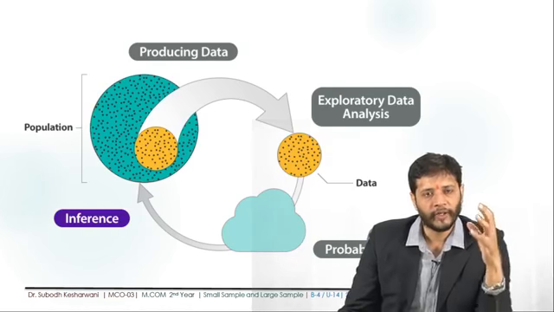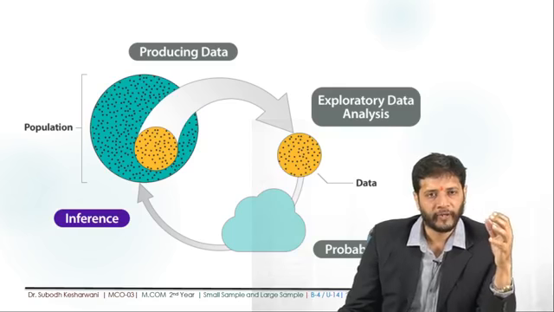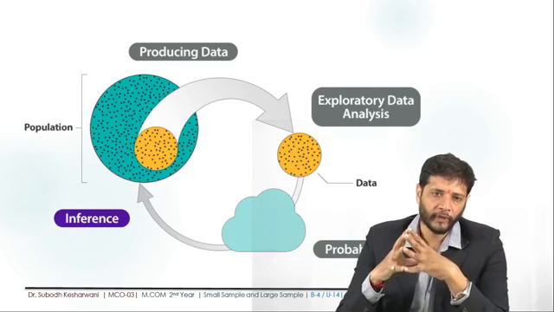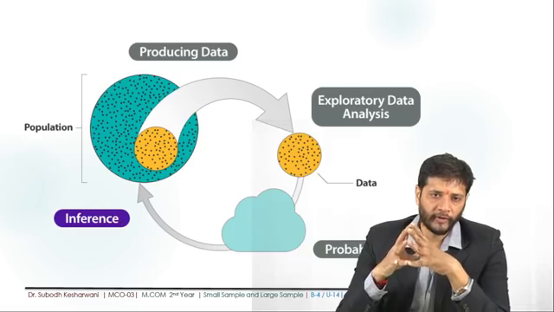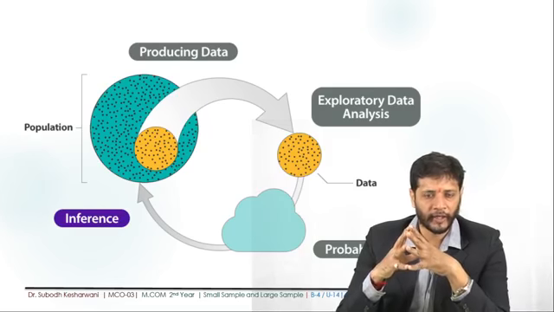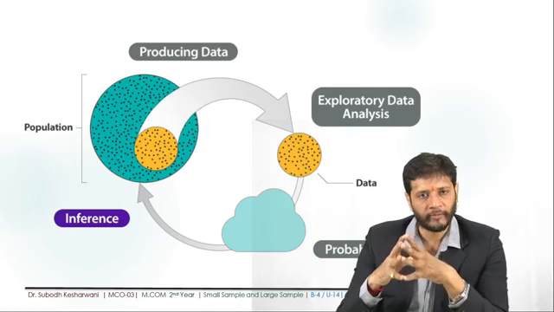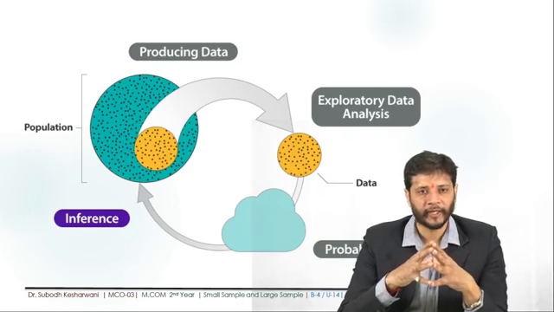So what I mean to say, the purpose is very clear: when you take a sample, it's not that you have taken a sample and you will stop working on that. If you talk in the present scenario, in the current trend, the sample needs to be taken in a routine manner. It's a routine affair, a regular affair.